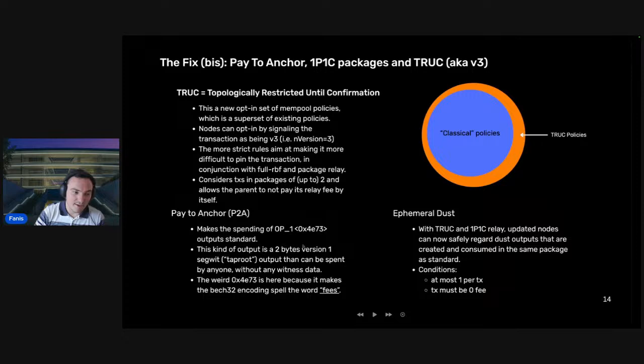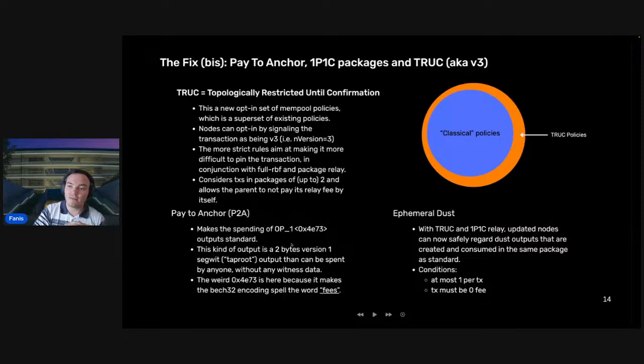We'll see why. But basically, it's a way to have anchors that are way smaller than what we currently have. It's even smaller than when you're spending an anchor output after 16 blocks, which means that anyone can spend.